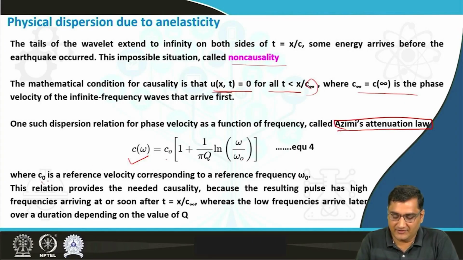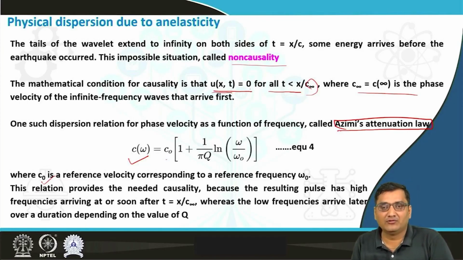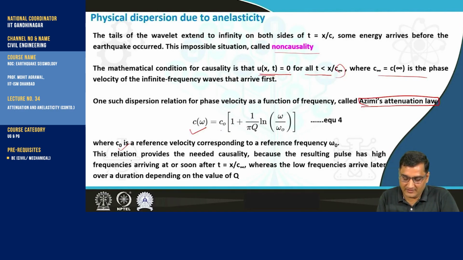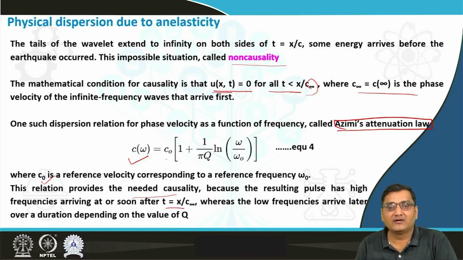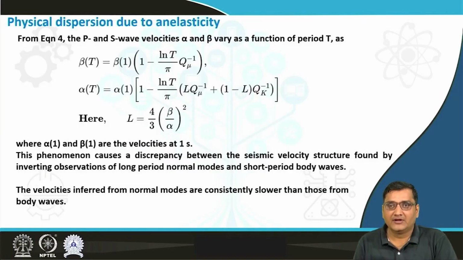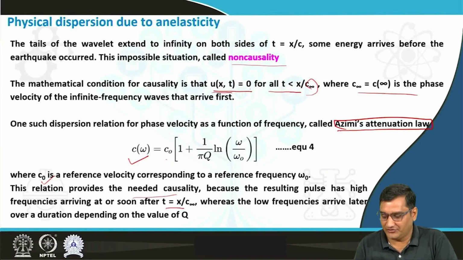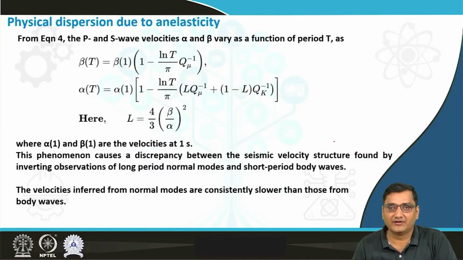So this c naught is the reference velocity corresponding to the reference frequency omega naught, and this relation provides the needed causality because the resulting pulse has high frequencies arriving at or soon after t equal to x by c infinity, whereas the low frequencies arrive later over a duration depending on the value of the quality factor.